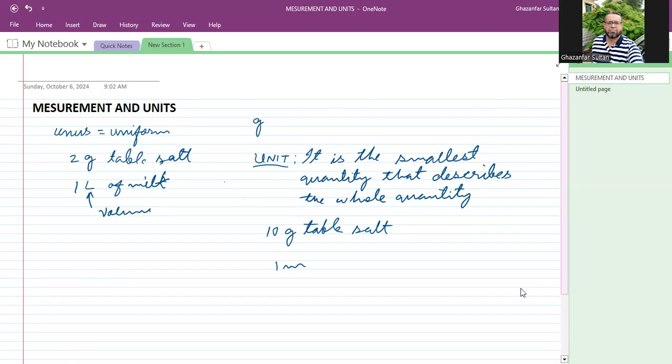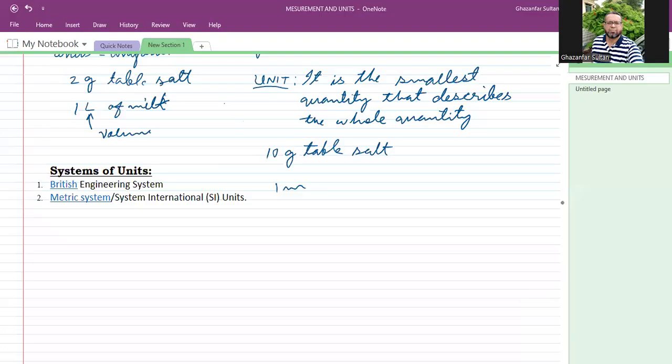And now we will see some standard units. First, we will see how many types of units there are. There are two different systems of units. There may be more than two, but two common systems are the British engineering system and the metric system, which is also called the System International units.